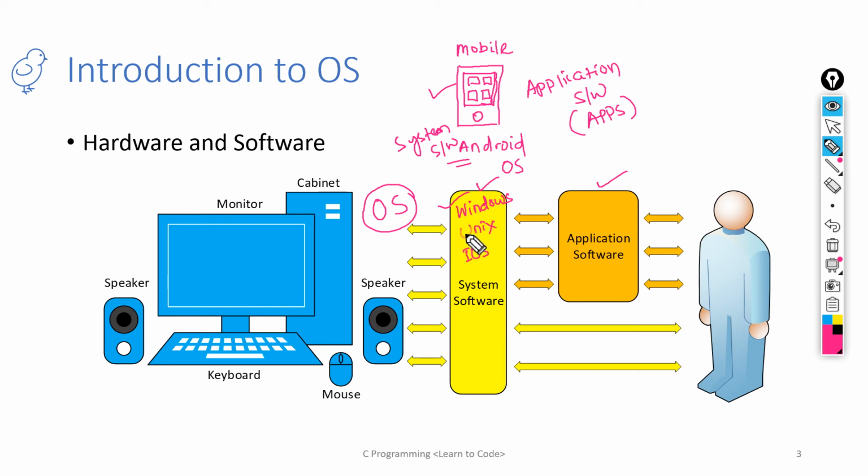After that, suppose you want to listen to a song through the VLC media player. When you install this VLC media player onto your computer, that is referred to as application software. Suppose you want to make your biodata, then you install Microsoft Word, okay. Microsoft Word you use to type your biodata.